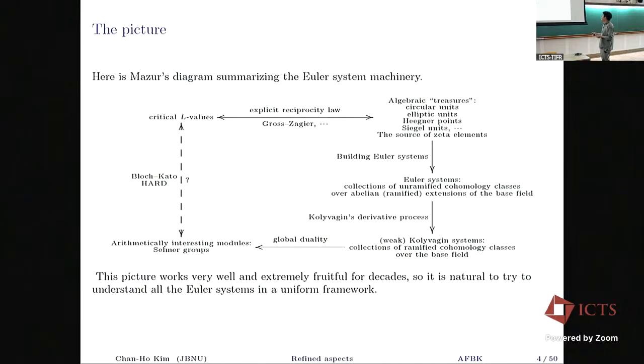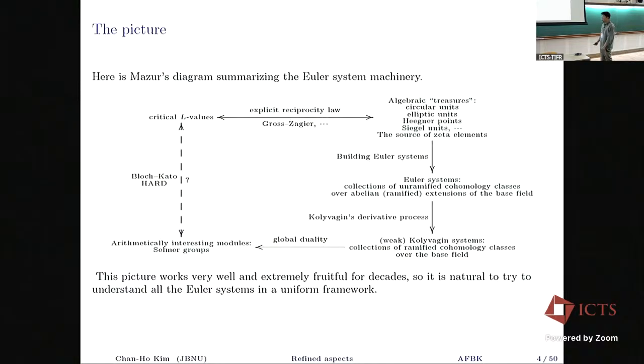From here, building the Euler system, we get unramified cohomology classes over abelian ramified extensions. Taking the Kolyvagin derivative process, we get the Kolyvagin system, which is ramified cohomology classes over the base field. By applying the global duality argument, we get a bound of the arithmetically interesting modules. That's how we make the connection between the critical L-values and the Selmer groups. So this is the Bloch-Kato conjecture.